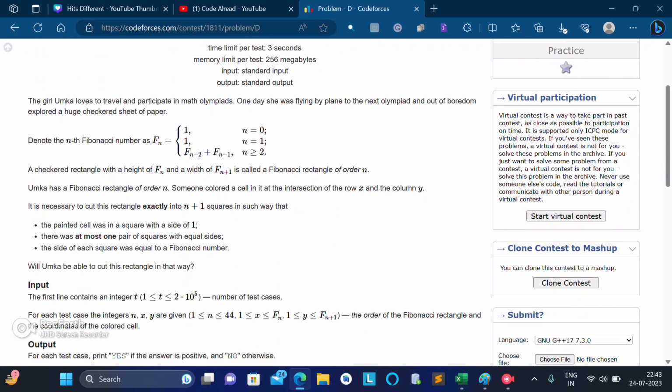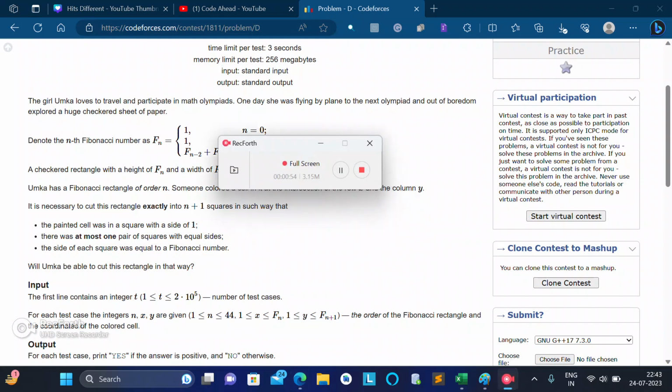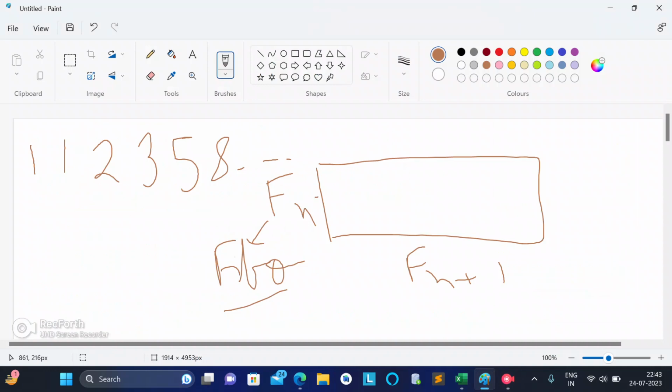Apart from that, we are also given some conditions. Suppose we are given an x coordinate and a y coordinate, and this cell must be painted.